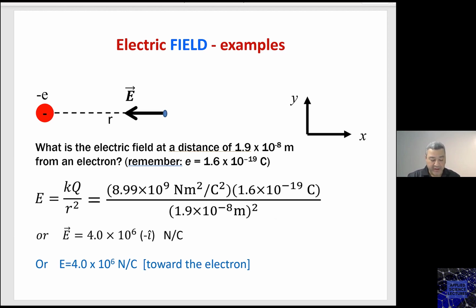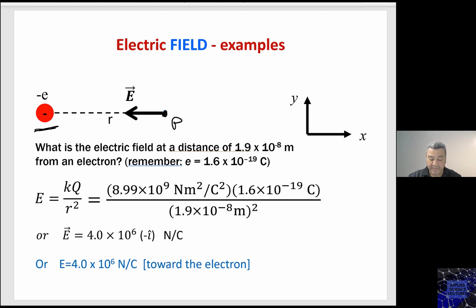That's fine. So if I have this electron that is minus e, and I am interested in calculating the electric field at this location, let me call it P, then I can calculate the magnitude E equals kq divided by r squared.